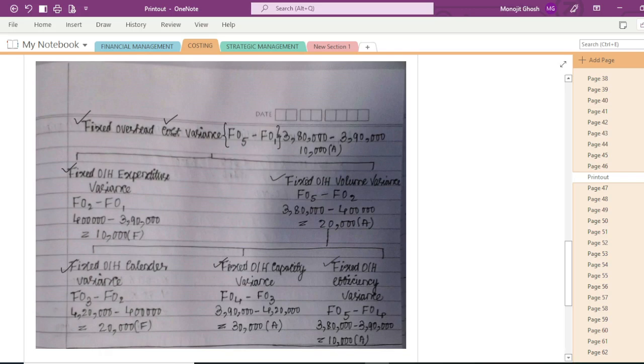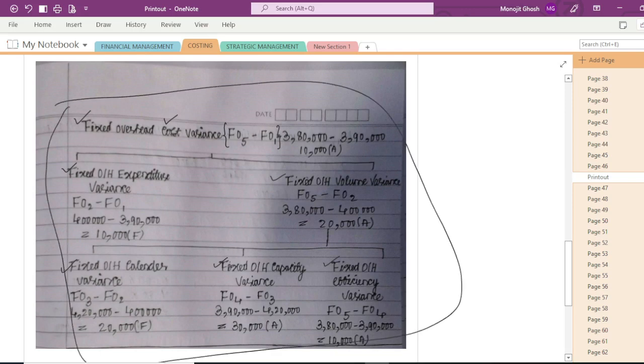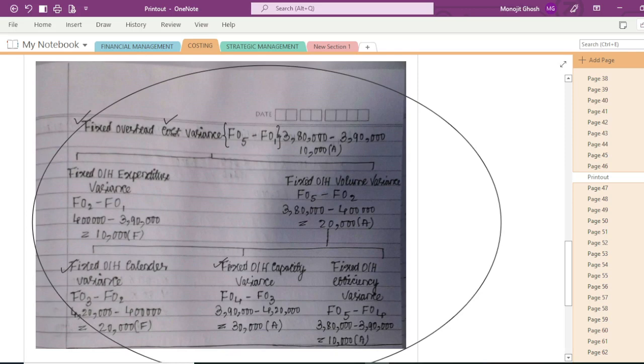This total part is the original requirement of the question. Okay, this is the requirement. In the previous solution, that is the primary part of the question, and this is the secondary part of the question.